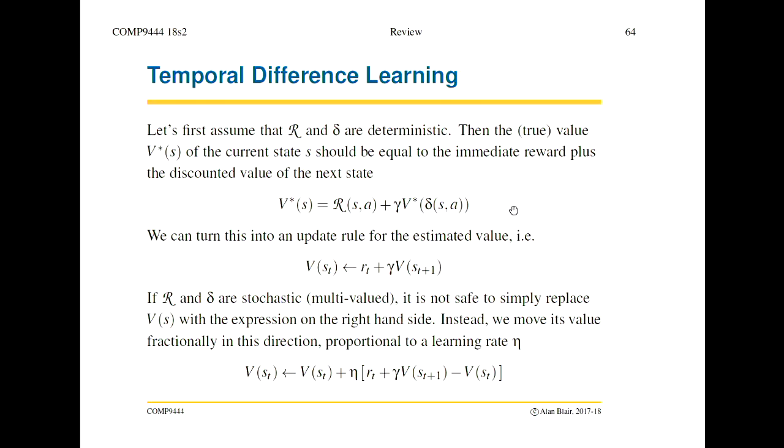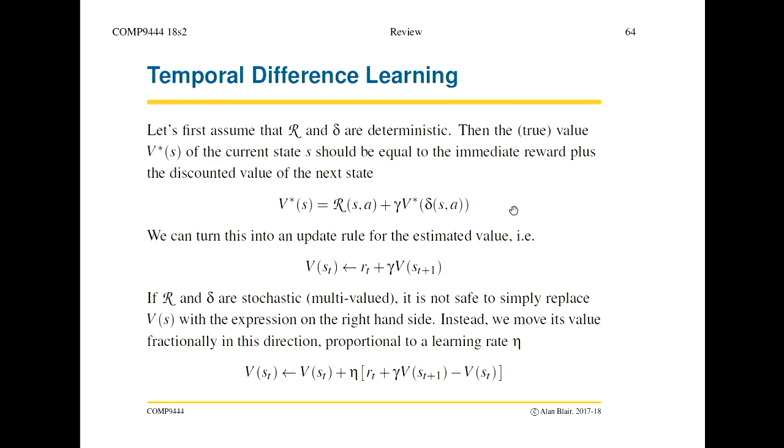And then we update our value function by computing the reward plus our estimate of the value of the next state discounted by gamma. If it's a deterministic domain, we could just use that as our next estimate.